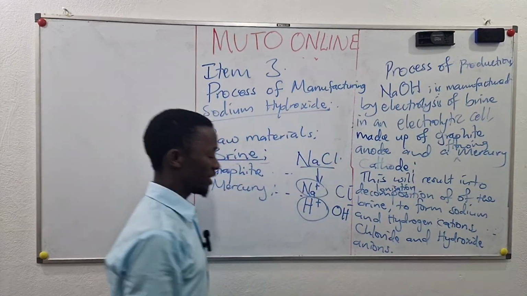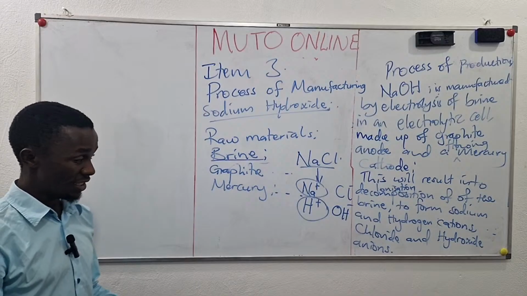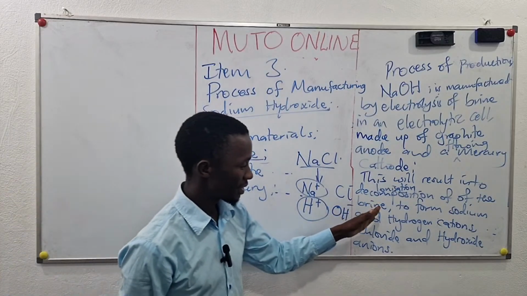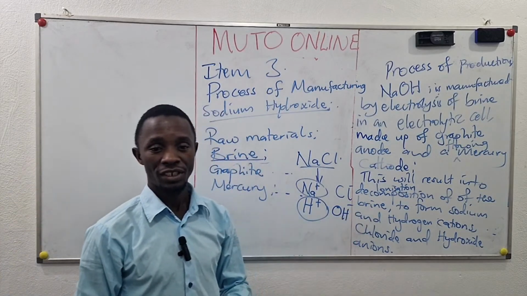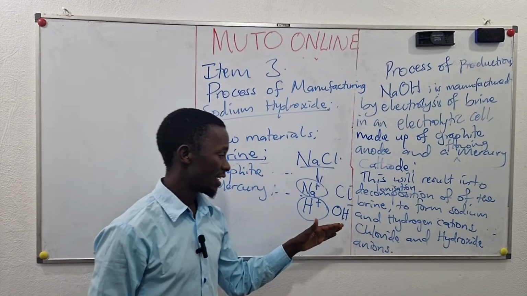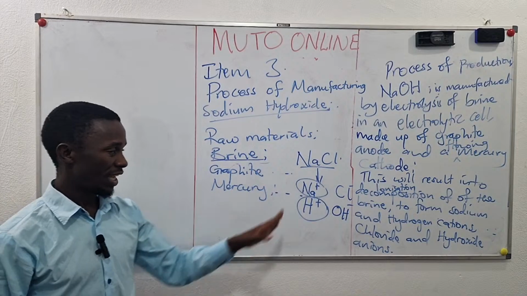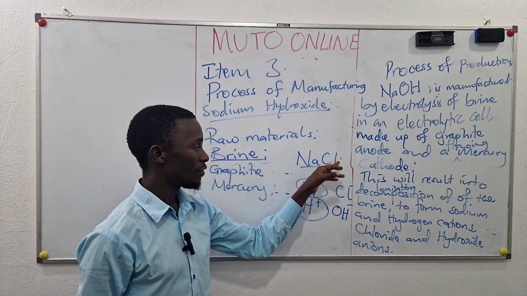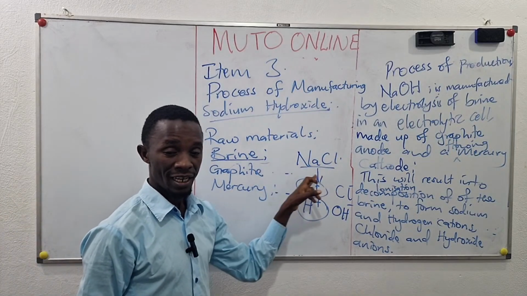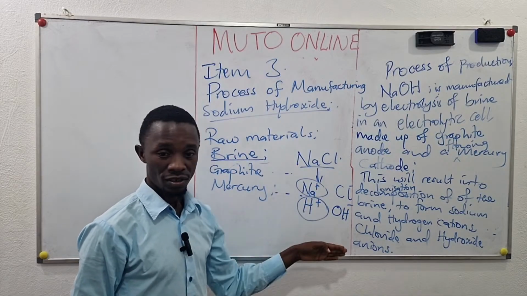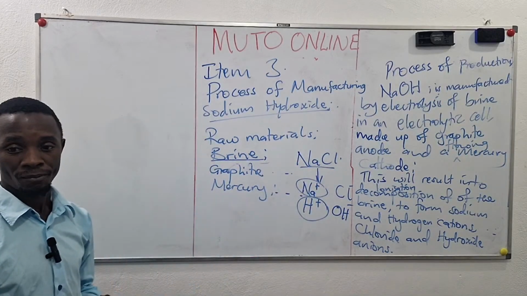Remember, as in the previous videos, we said that the cations are the positively charged ions, and the anions are the negatively charged ions. So the ions we shall form from the ionization of this brine, the electrolyte, are these ones.